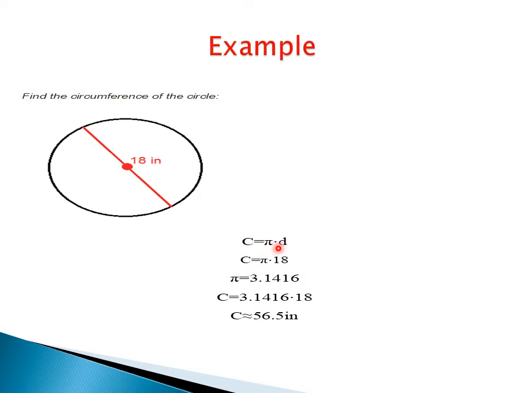C equal to pi into d, we will implement the formula. C equal to pi into 18, d is 18. Pi equal to 3.1416, so C equal to 3.1416 into 18, and we will get 56.5 inch. Circumference we will get 56.5. You have to implement this formula; you can understand it easily.